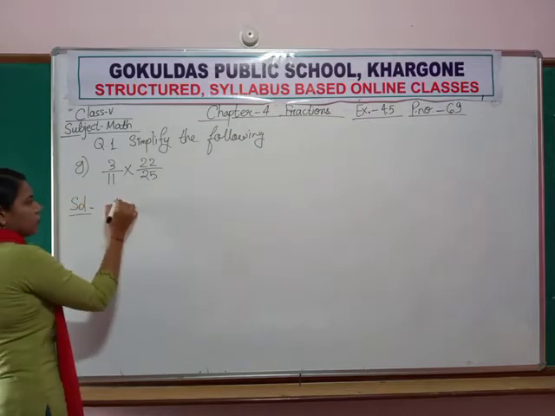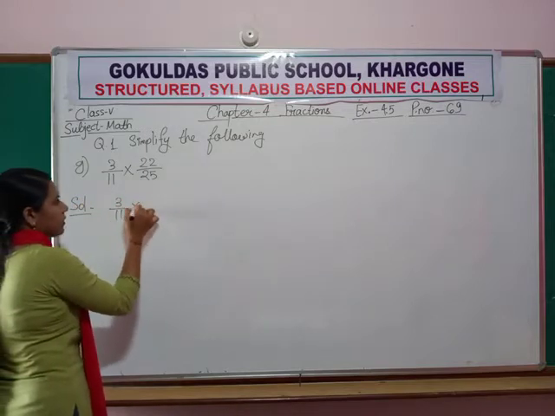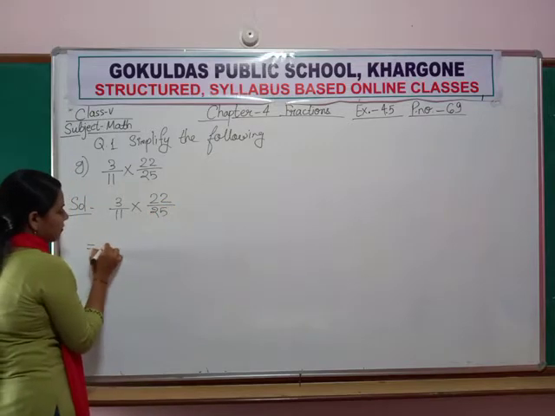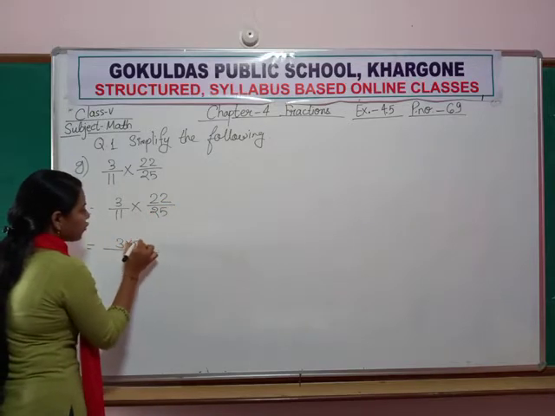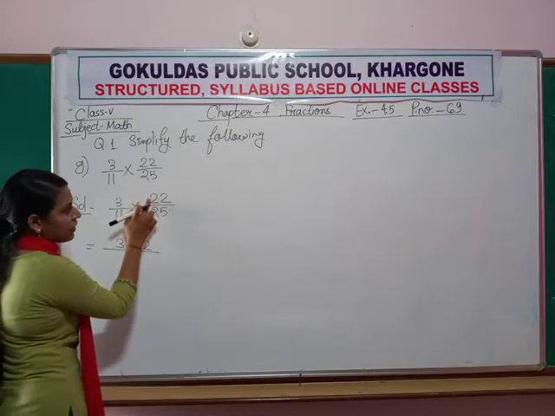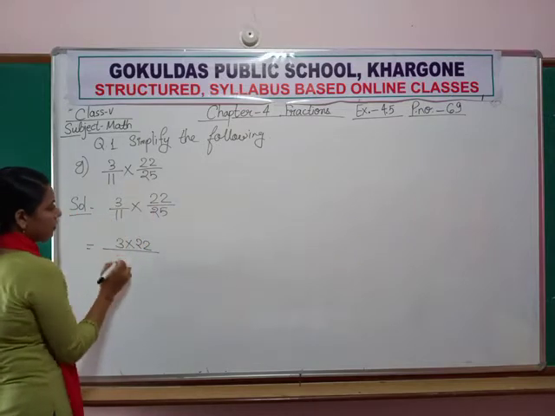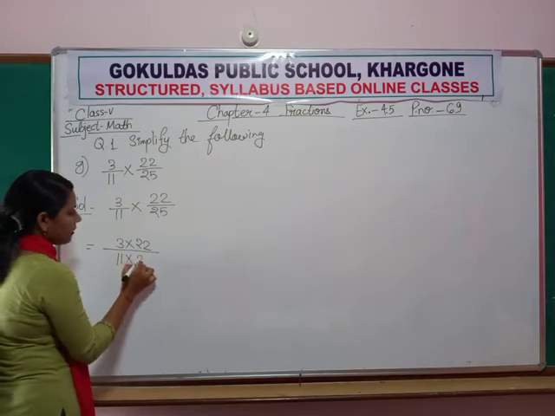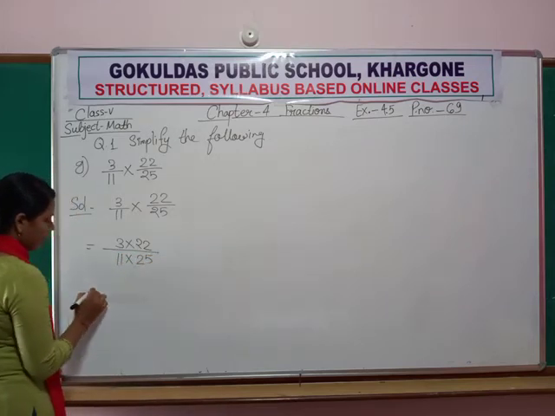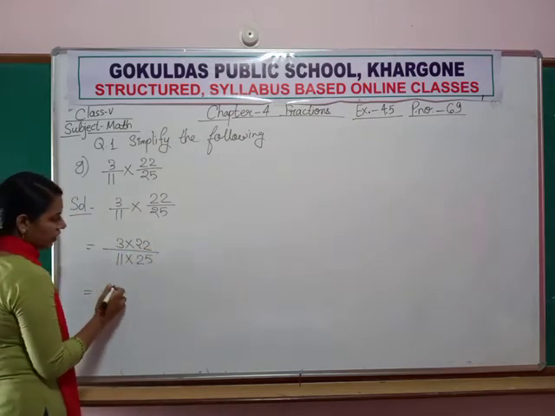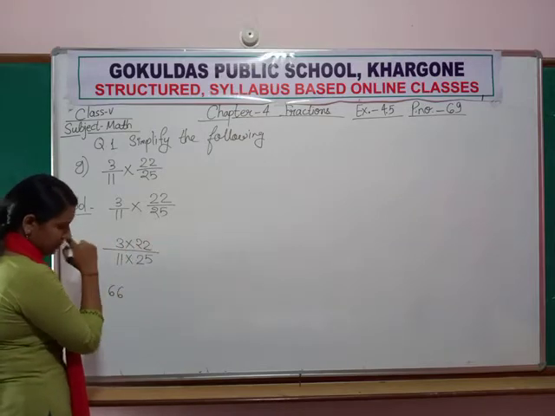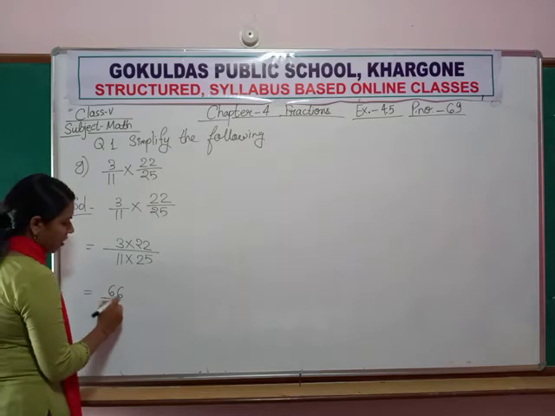So 3/11 multiplied by 22/25. Numerator will get multiplied with numerator and denominator will get multiplied with denominator. So 11 multiplied with 25, and 3 multiplied with 22. When we multiply 3 with 22, our result is 66 upon.